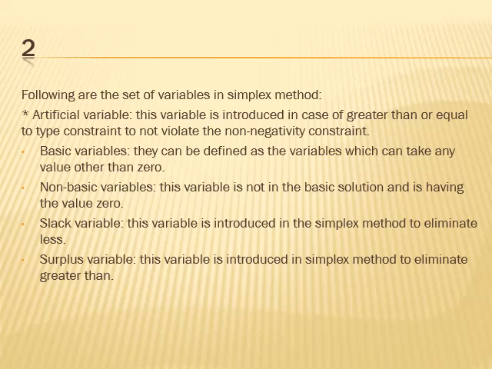Slack variable we mainly use in the simplex method as well as in the big M. Its function is to convert the inequalities to standard form. Surplus variable is also known to balance the inequalities.